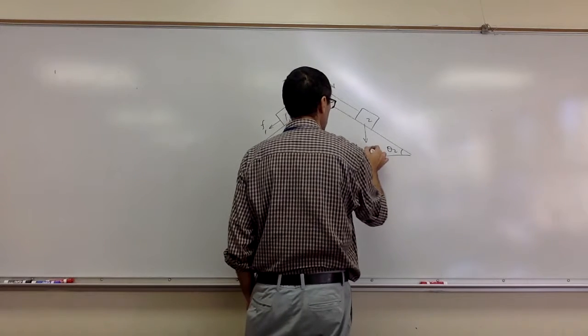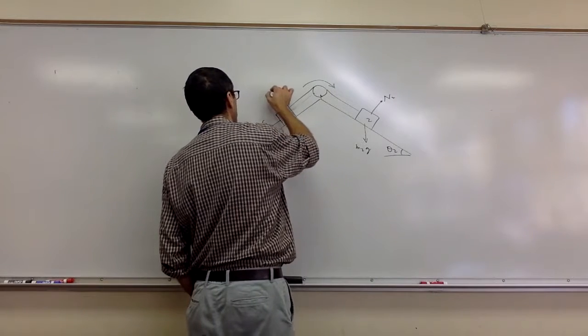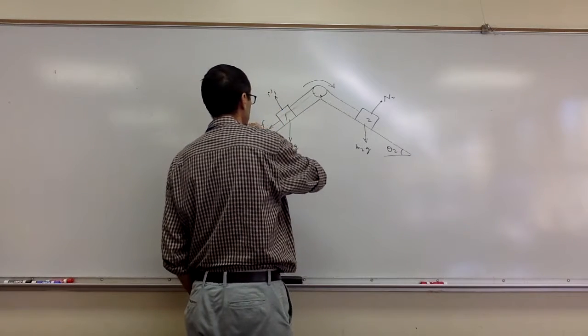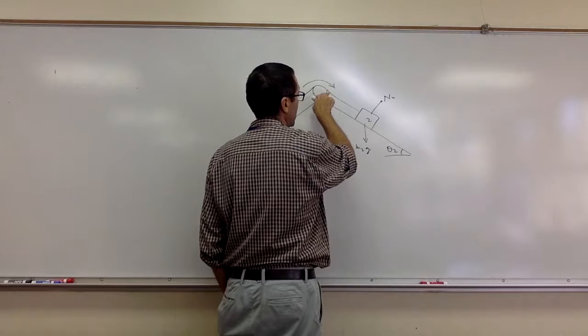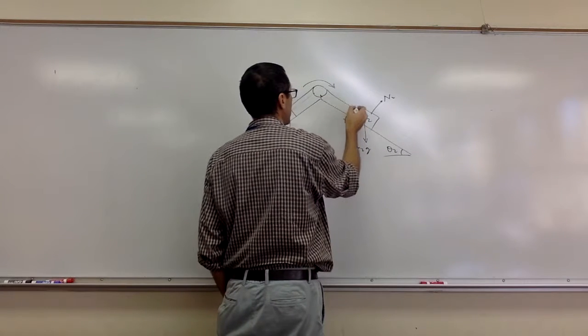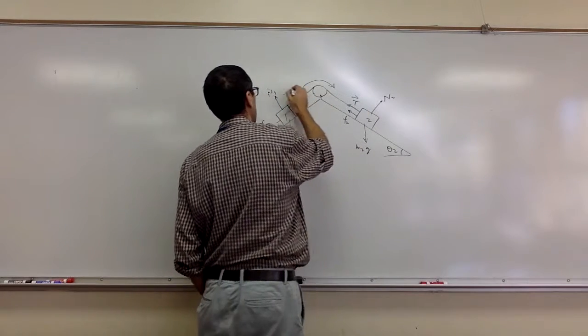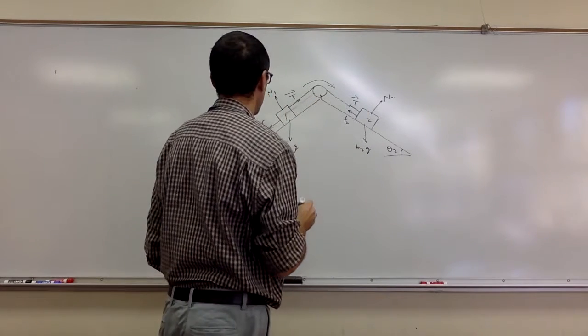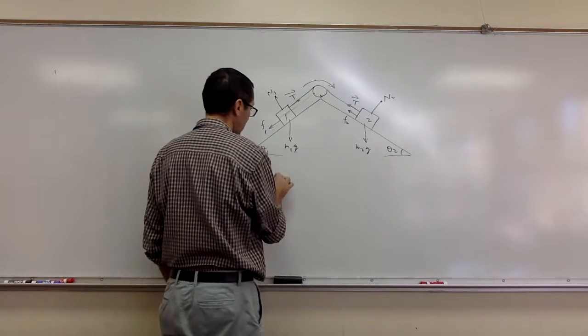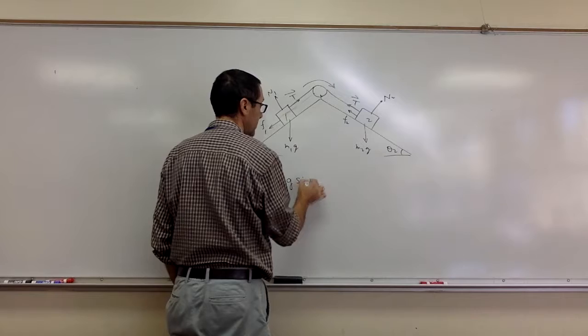This is M2G. Here's the normal force on 2, the normal force on 1. And if 2 is going down, the friction on it will be F2 going down. There will be some tension in this cable, and some tension in this other cable. So what's trying to make you accelerate is M2G sine theta 2.